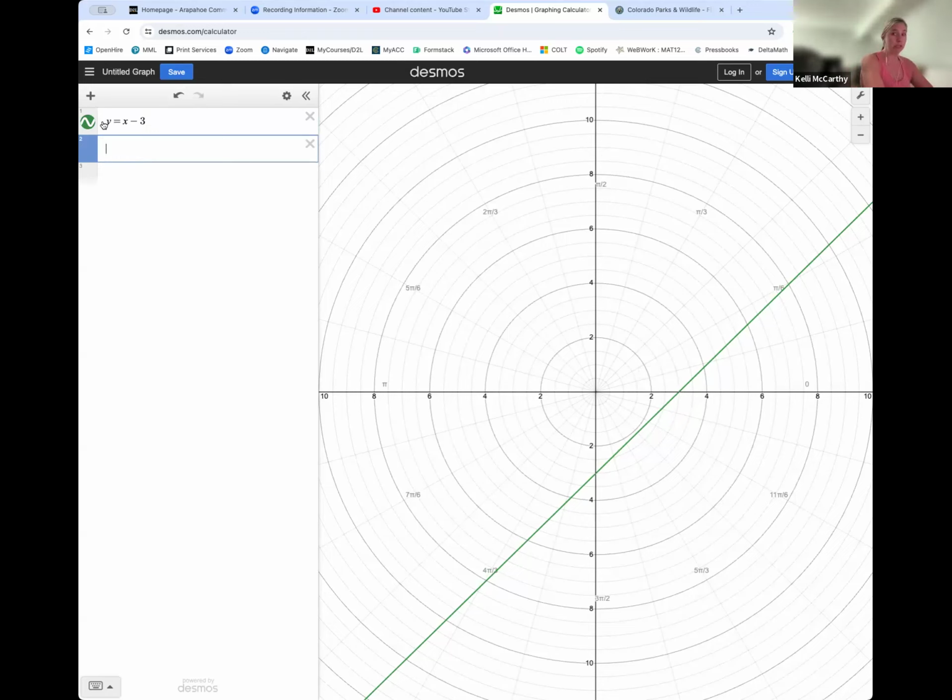So we want to make sure we use the correct variables. r equals negative 3 divided by sine theta minus cosine theta. And if you look, that's the graph in purple, and it lies right on top of that original graph. So this polar equation is still representing a linear equation.